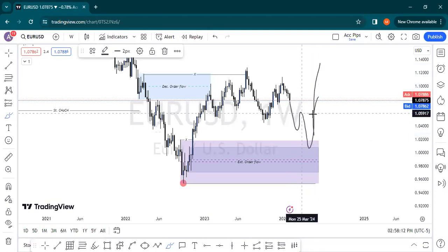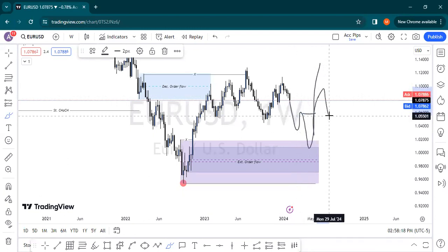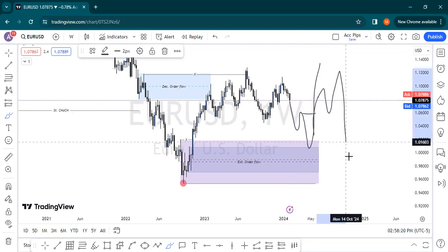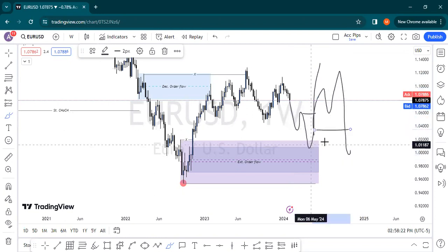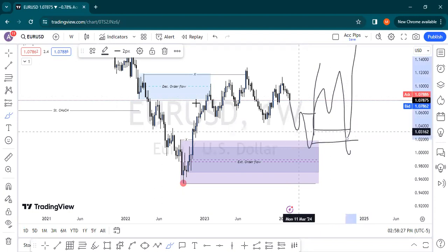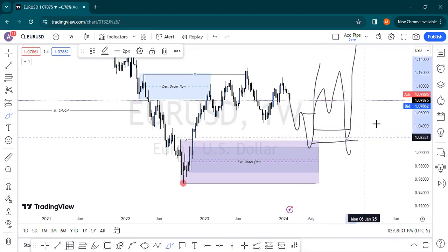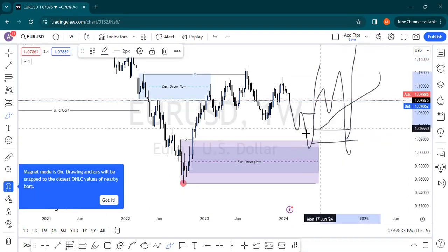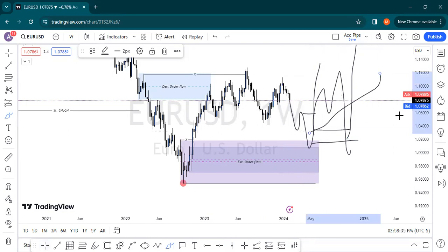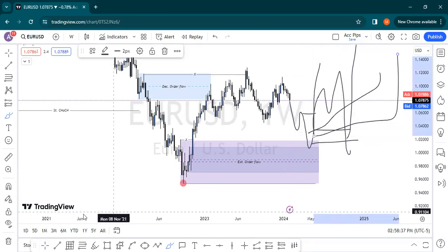We see some inducement. Price takes the inducement, mitigates an order block or order flow here, and then we push up. All right, so that is what I'll be looking out for.